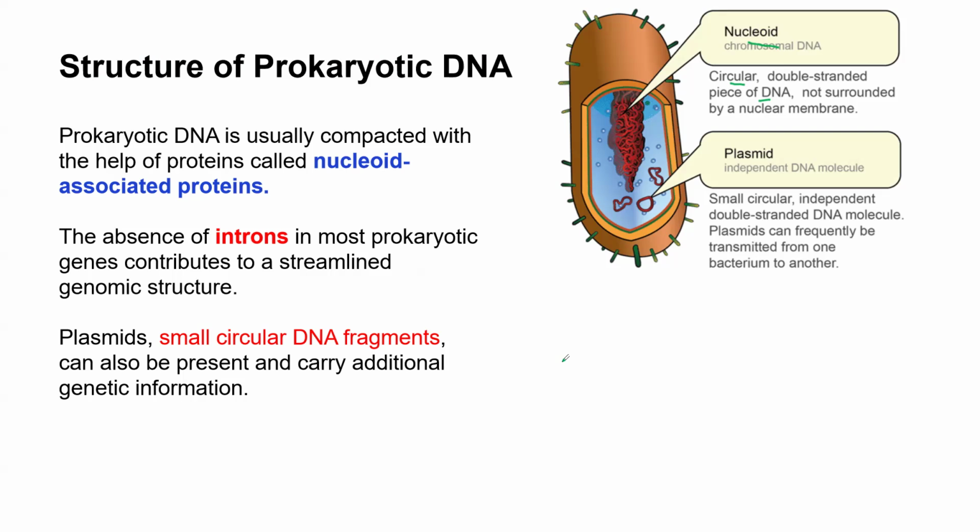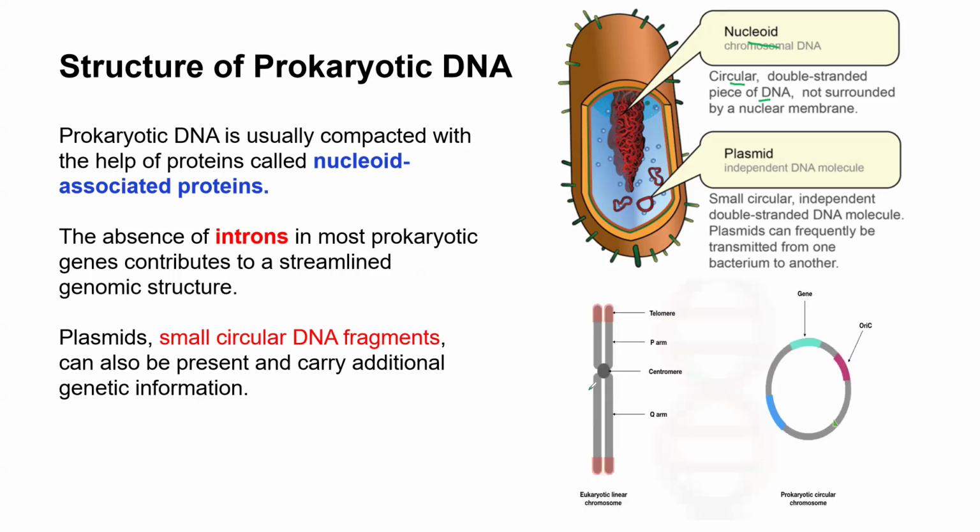So let's look at the structure here. This is a typical example of a prokaryotic circular chromosome. It's not like our own. And this is our own eukaryotic linear chromosome. So they are different things.